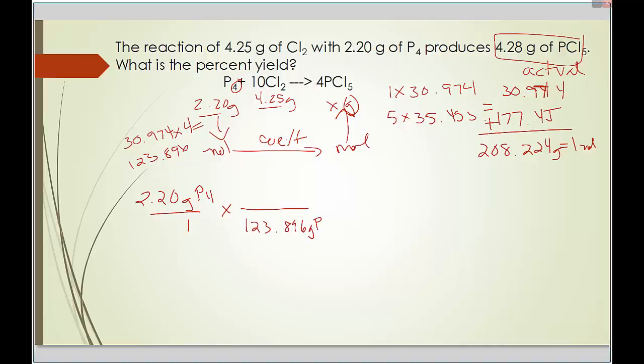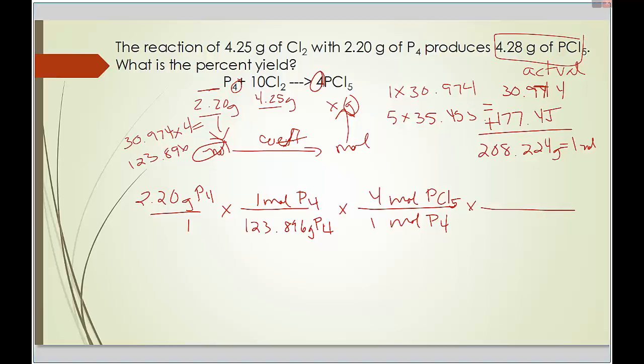I'm right here now in my picture, in my plan. Now I need to look at the coefficients. P4 has an invisible 1 there. PCl5 has a 4. Now from here I can figure out how many grams of PCl5 there are by looking at the molar mass.